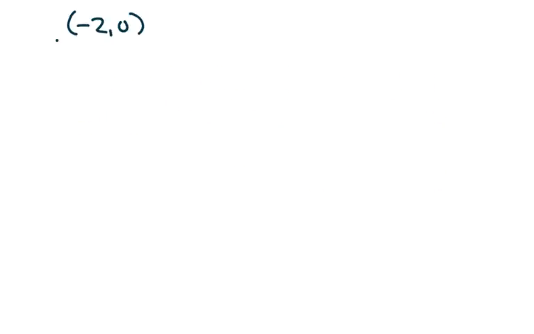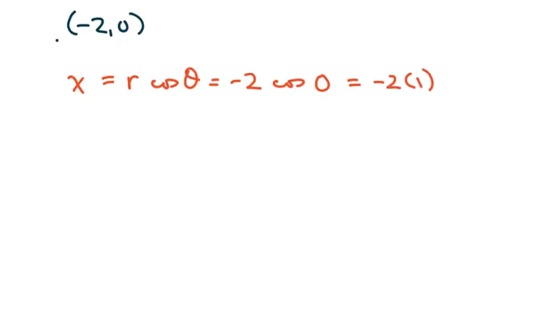All right. Here's another one. We have x equals r cosine of theta, which equals negative 2 cosine of 0. Cosine of 0 is 1, so we have negative 2 times 1 equals negative 2.